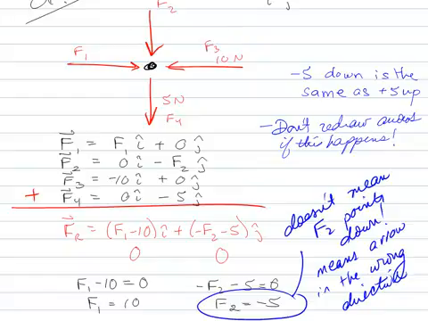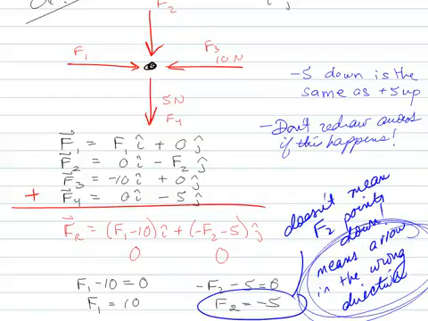And so if you change the direction of the arrow in one equation, you'll have to change the direction of the arrow in all the equations. So it's much better just to leave it as negative 5 and deal with it and move on. So again, just because you get a negative number doesn't mean that it's going down or that it's going left. It just means that it's going in the opposite direction from the direction that you drew your arrow.